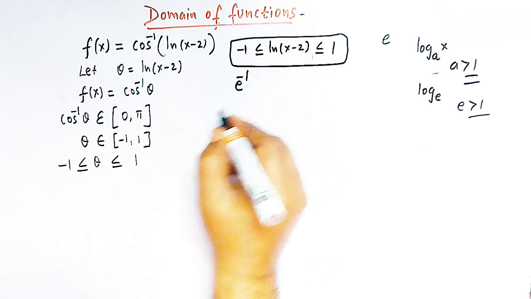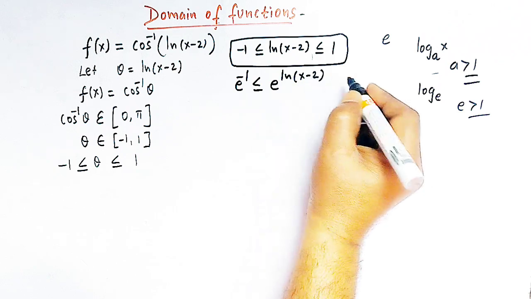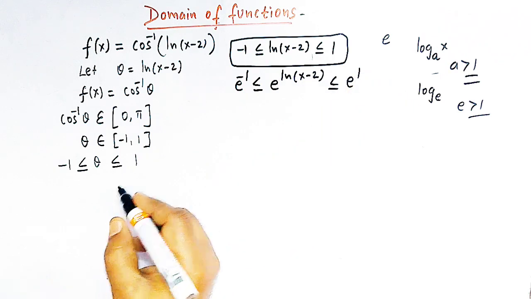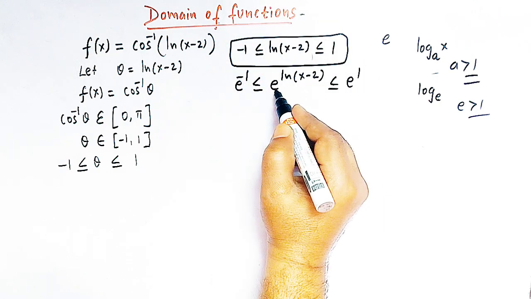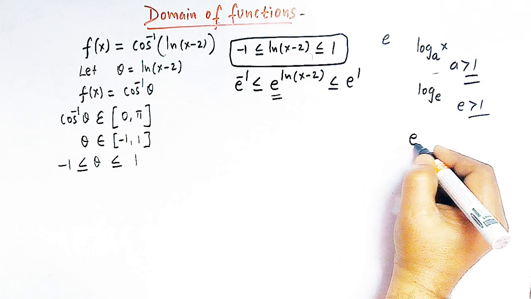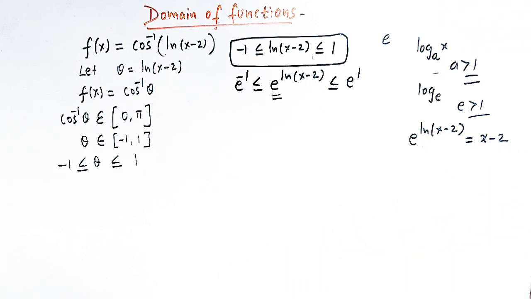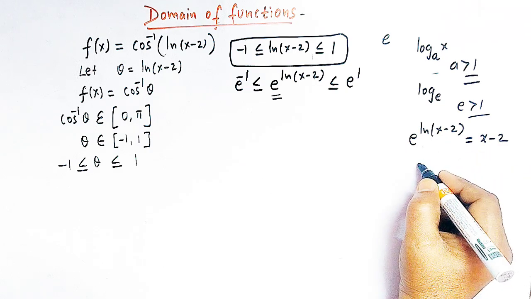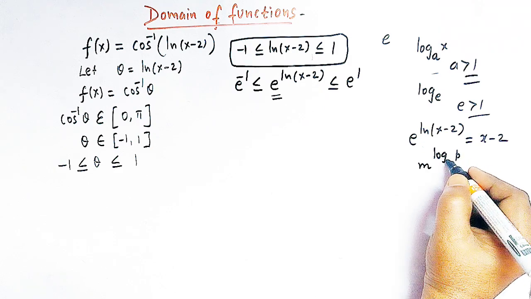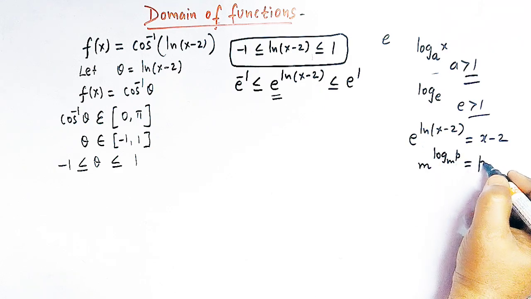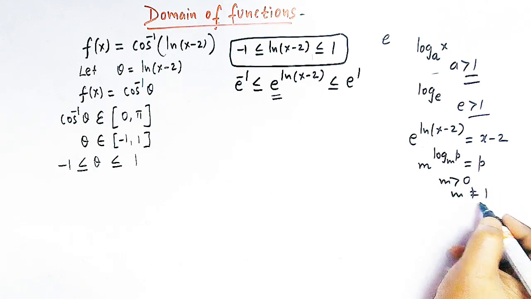So we can now write e raised to minus 1, and here we have e raised to natural log of x minus 2, and here we have e raised to 1. The purpose of raising these three numbers to the power of e is that this expression, e raised to natural log of x minus 2, is equal to x minus 2, because we know this result, that is m raised to log of p to the base m is always equal to p if m is greater than 0 and m is not equal to 1.